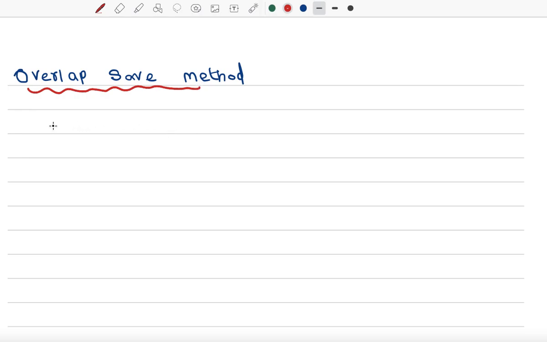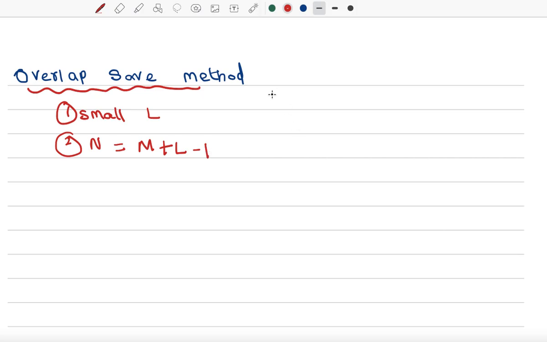First of all, we need to segment the long data sequence into small blocks of length L. Then the new DFT length N will be found by the formula N equals M plus L minus 1.